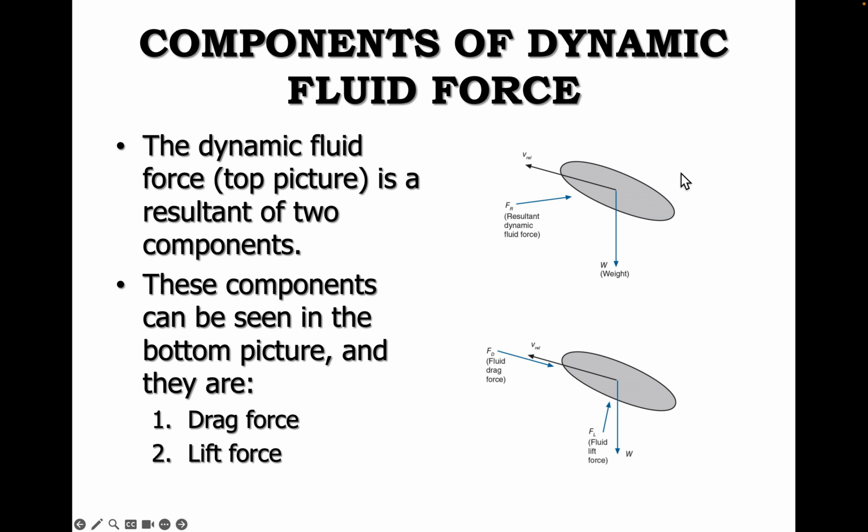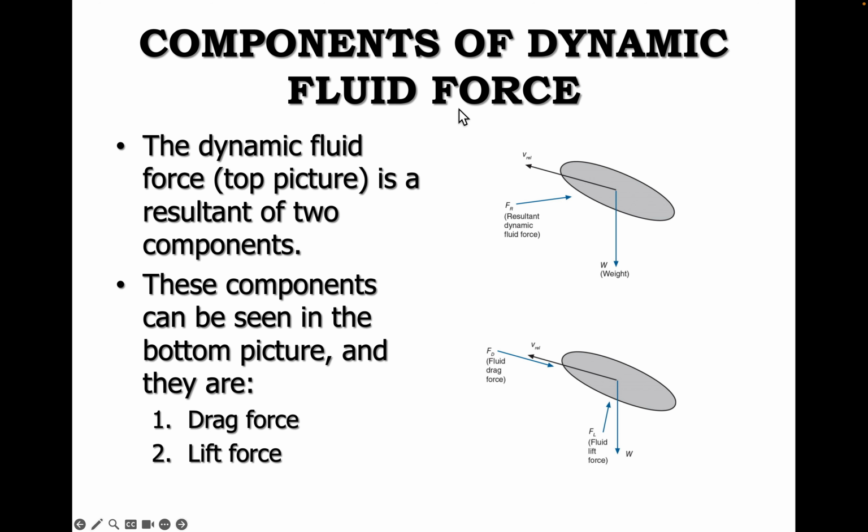Up here, this top diagram takes a look at dynamic fluid force, and with this particular diagram we've got two different vectors. We've got the weight of the particular object and the object's path, and from that we get a resultant dynamic fluid force.